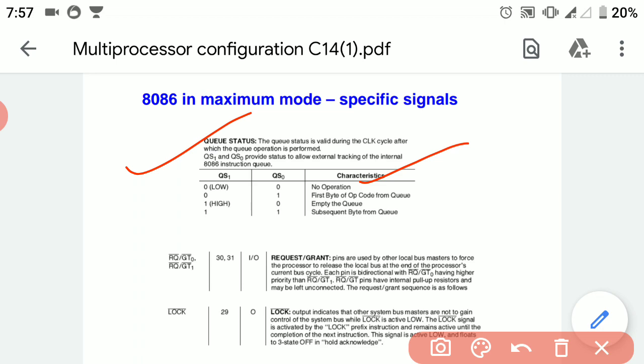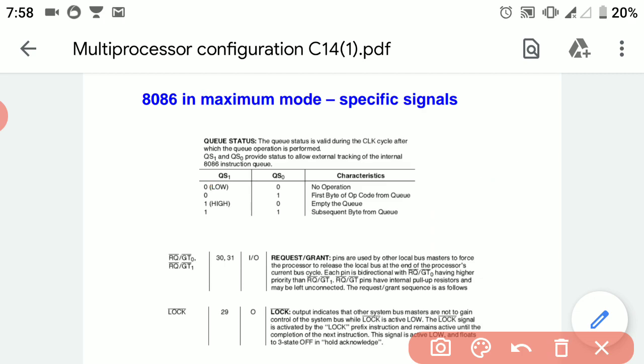When there is 0 1 state, that is the second state, the first byte of opcode from the queue will be fetched.